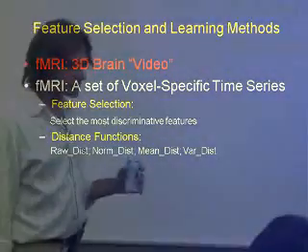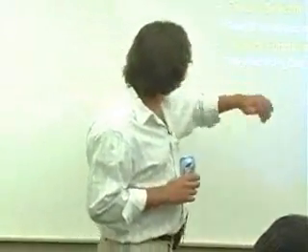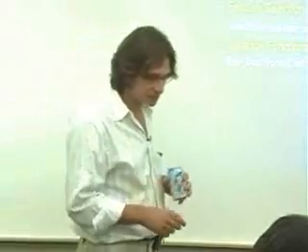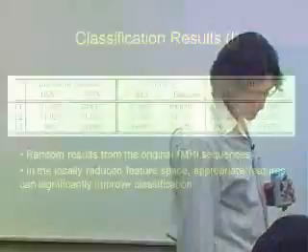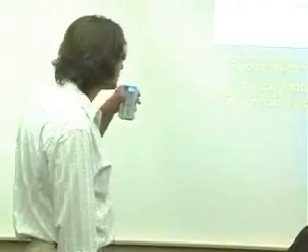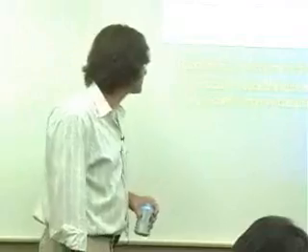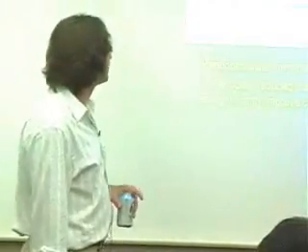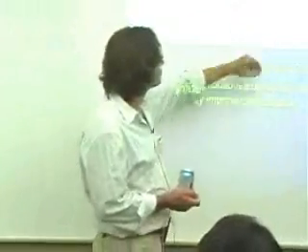Now, how do we select the most discriminative features? We tried a number of different distance functions, and here are the results that we start getting. It seems that in the locally reduced feature space, picking the most discriminative features versus all of the features is actually going to do a little bit better.